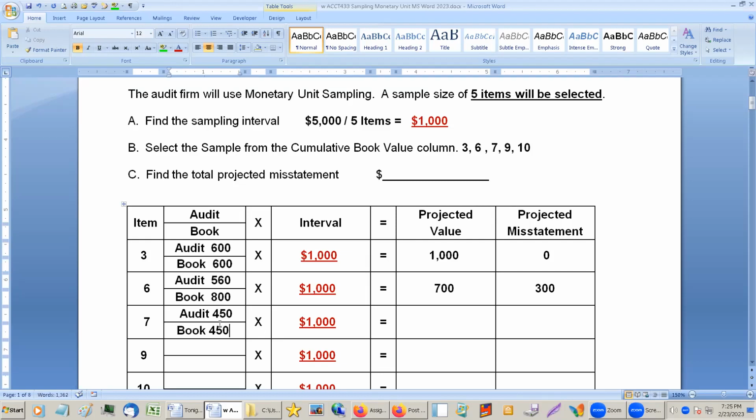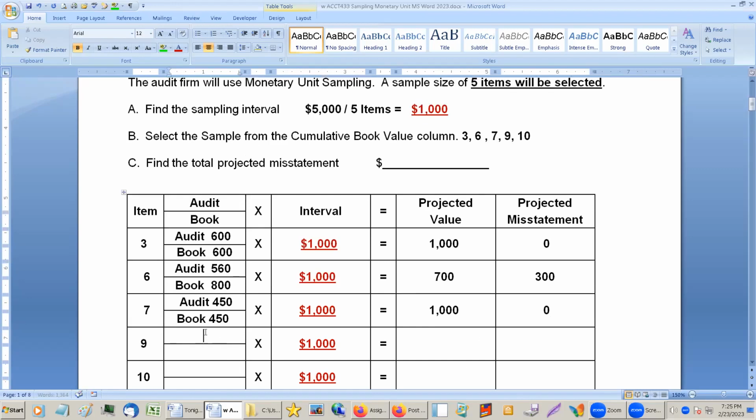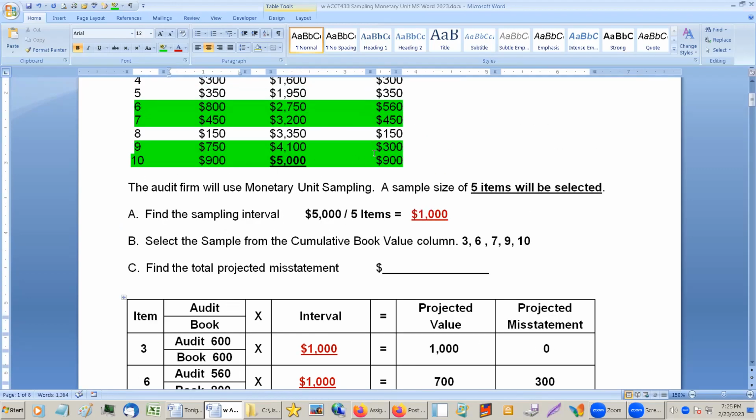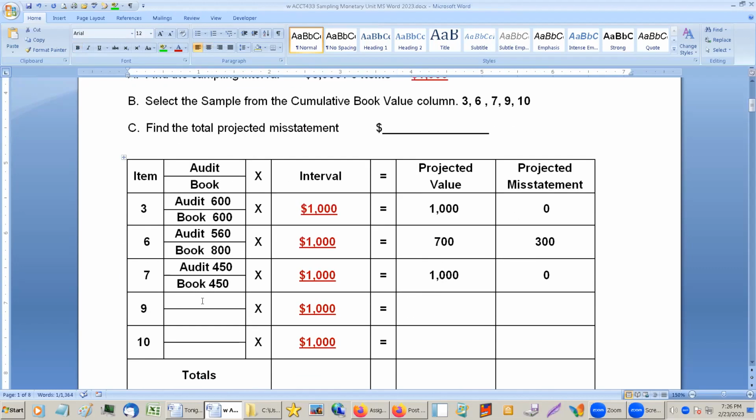And again, everything is okay on that one, right? 450, 450. $9,300 and 750. You see, this is kind of just like that ratio thing, you know, audit over book and then multiply it.